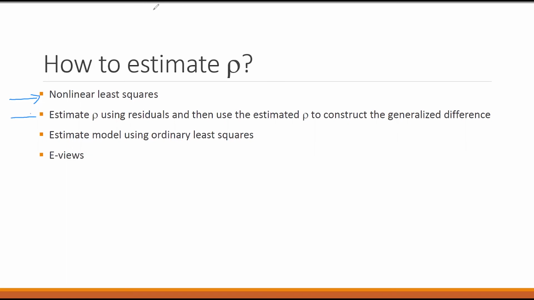The second option is we can first run a simple linear regression model to get the residuals, and then use the residuals to estimate rho, because rho is basically the slope coefficient in the residual equation. Or we can use EViews. It's another computer software that estimates a lot of statistical models. It allows rho to be estimated within the model. But that's really beyond our scope of discussion in this class.